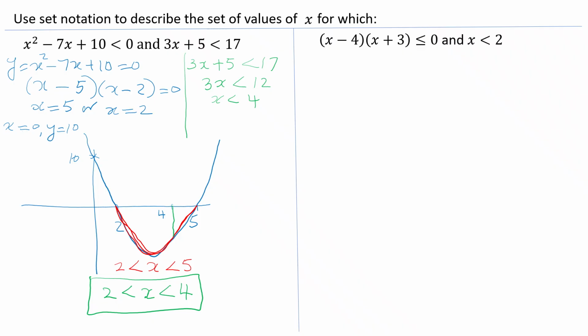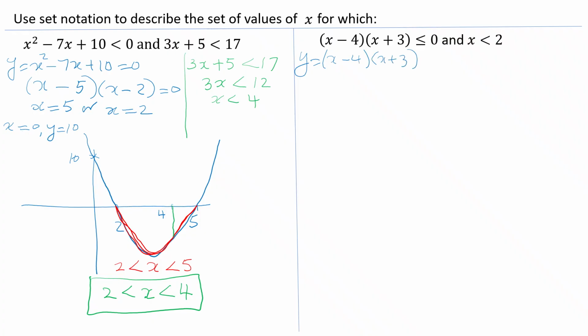Next one, x minus 4 times x plus 3 less than or equal to 0, when x less than 2. First inequality, y equals x minus 4 times x plus 3.